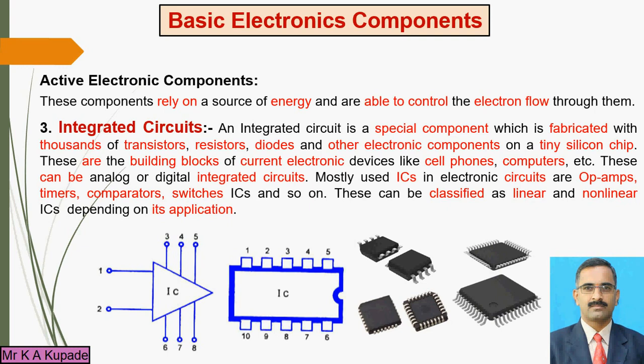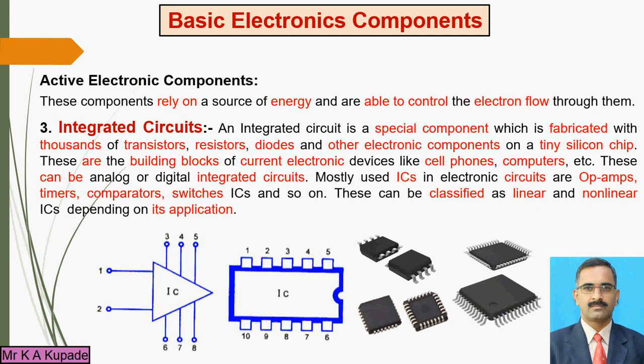All of these are fabricated in a single chip, and that chip is called the integrated circuit. A large number of circuits can be fabricated in a smaller chip, and that smaller chip is named the integrated circuit, right?